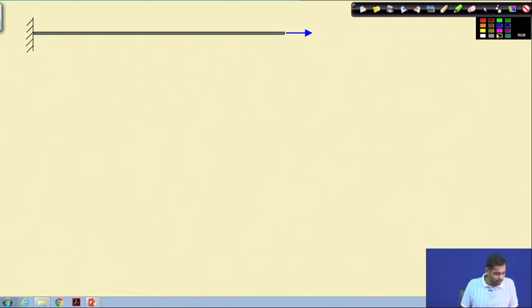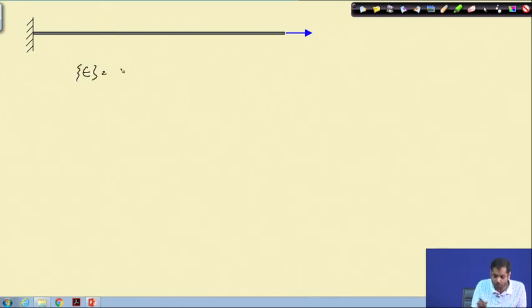once we have this, next, if you recall, what is epsilon? Epsilon is the first derivative of displacement. Okay. Now, here you have just one displacement and one strain, so I am not writing it in vector form.